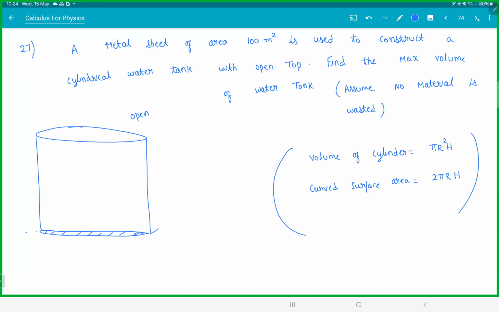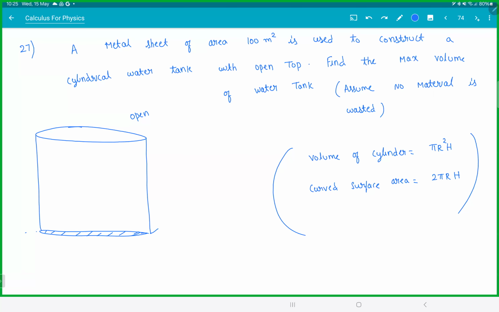The curved surface area is only this outer part. R is 50. Give me the volume record. Why am I asking? Why are you giving me R? R is 50. How did such a good answer come? That much I know. It's not such a good answer. Definitely not an answer. So think about the logic.